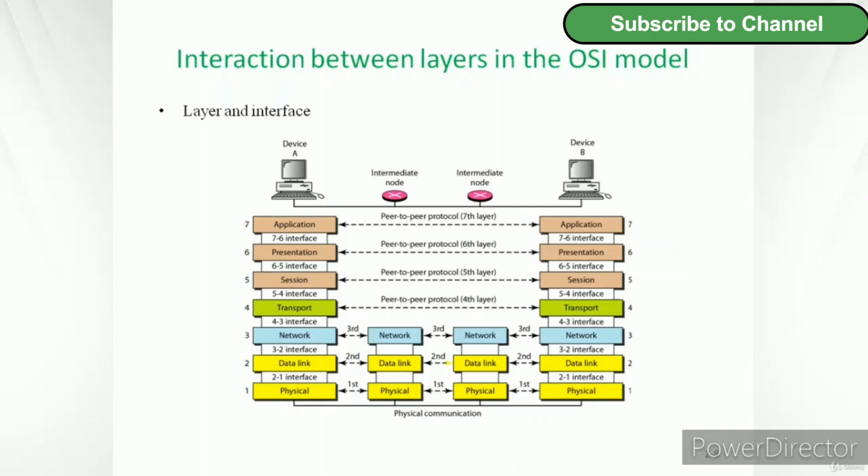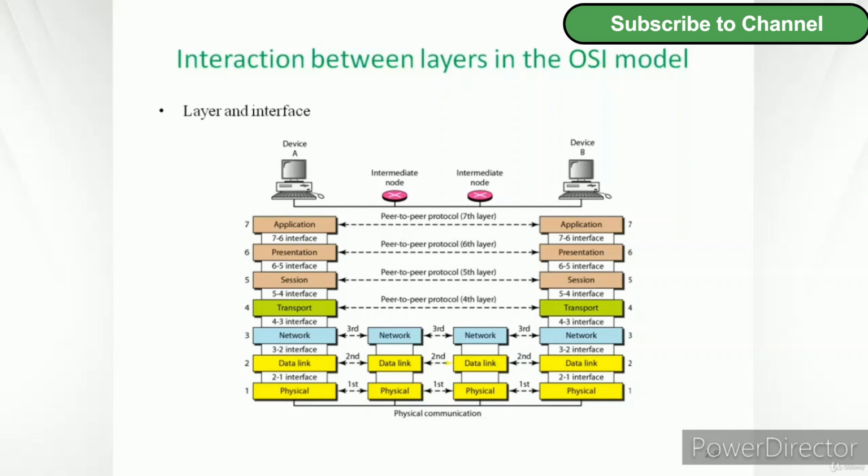So the actual data flows from the upper layer to the layer below it, and then flows through the physical medium to the destination. The interface between each adjacent layer is called the interface, and these are the peer-to-peer protocols. It defines which primitive operations and services the lower layer offers to the upper layer.